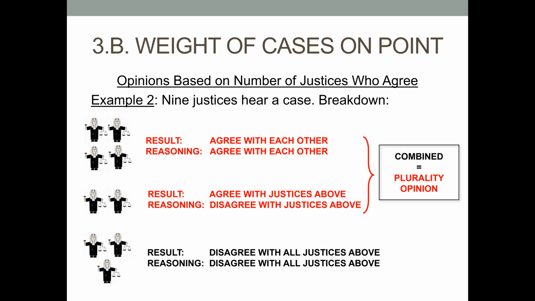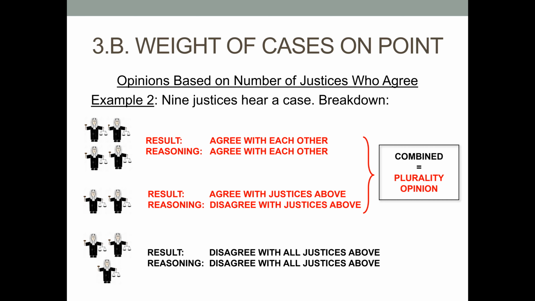You have a majority agreeing on the result, but no majority agreeing on the reasoning. And you wind up having really 2 separate opinions that support the result, but there's no majority of the reasoning.